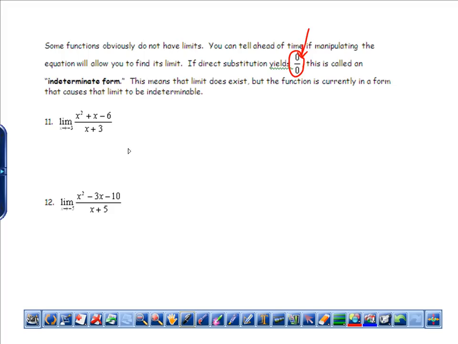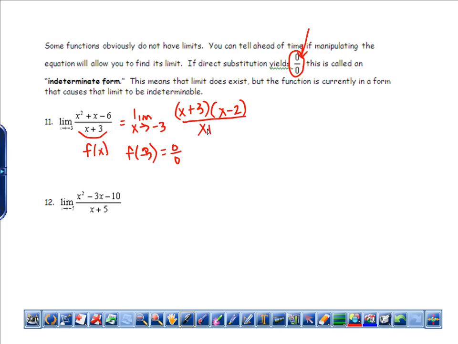So on this number 11, if I consider this to be f of x, then that means that f of negative 3, you can do all the number crunching you want, is going to give me 0 over 0. I can see this more clearly when I factor it. So this would be x plus 3, x minus 2, over x plus 3. And I can see that plugging in a negative 3 gives me 0 over 0. We know this to be a hole, and a hole will not affect the limit.